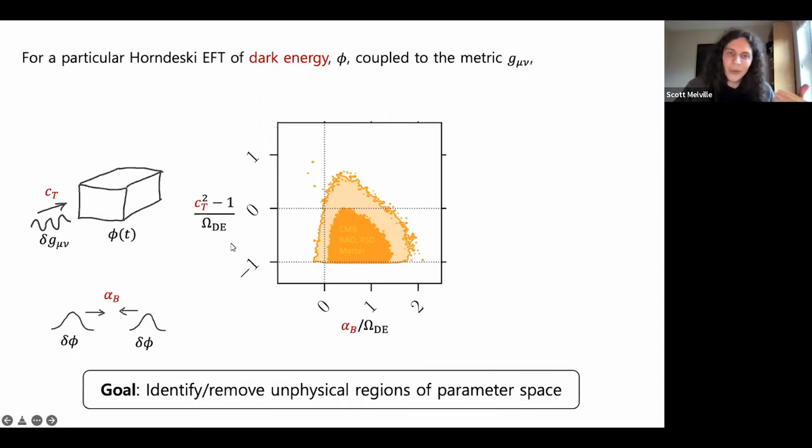That's what's on the y-axis. On the x-axis is another observable in this theory. It's called alpha b, and it tells you how dark energy clusters on large scales. So if you have two fluctuations in the scalar field, how do they attract each other? And the contours here are the 1 and 2 sigma confidence intervals that we have coming from a variety of low energy cosmological measurements.